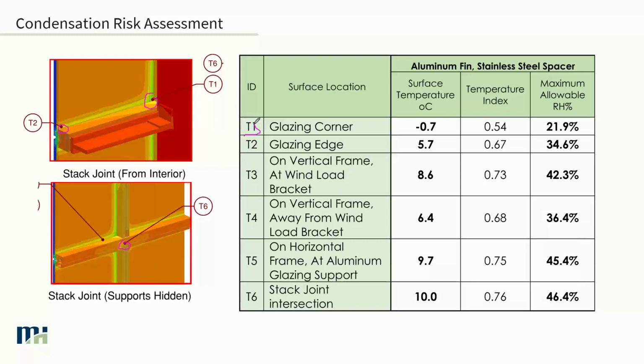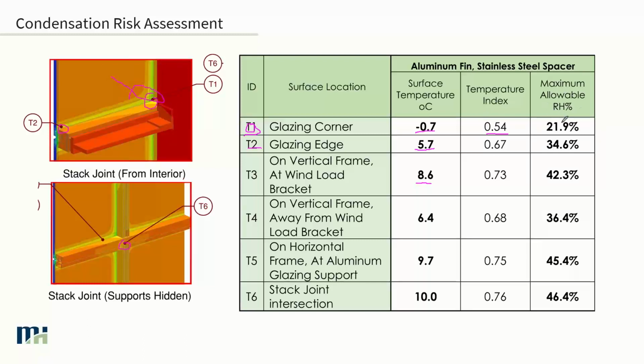We can identify those different locations and say that under the specific model conditions, we get a surface temperature of these. That translates to a temperature index. In this case, we can see this is about halfway between the exterior and interior temperatures, and that's at the corner, which is probably our worst case in this particular assembly.